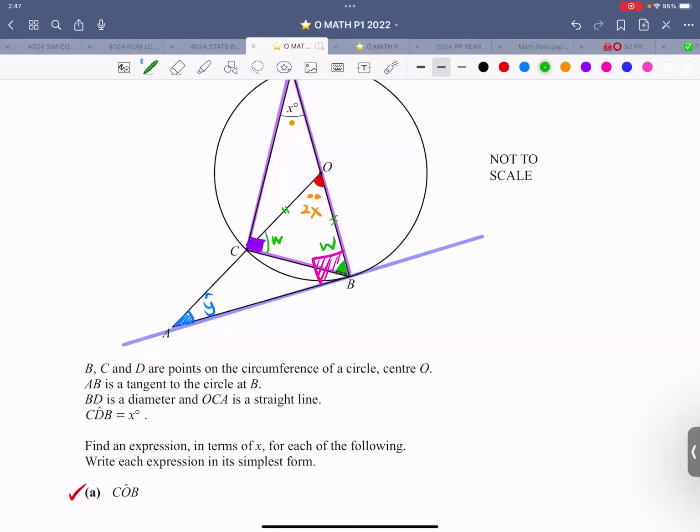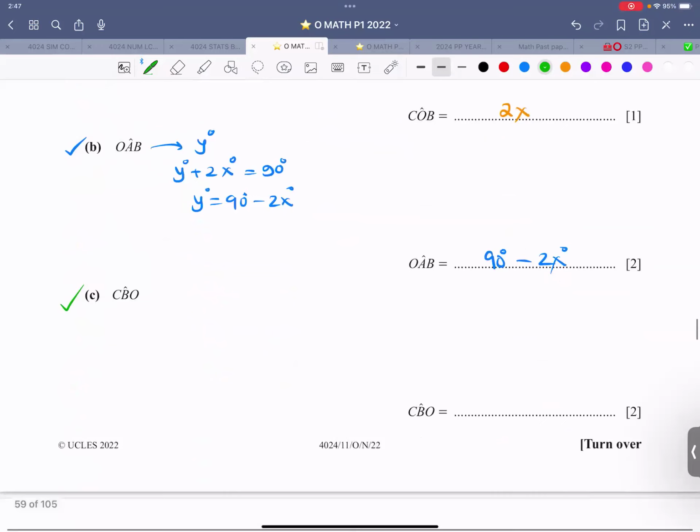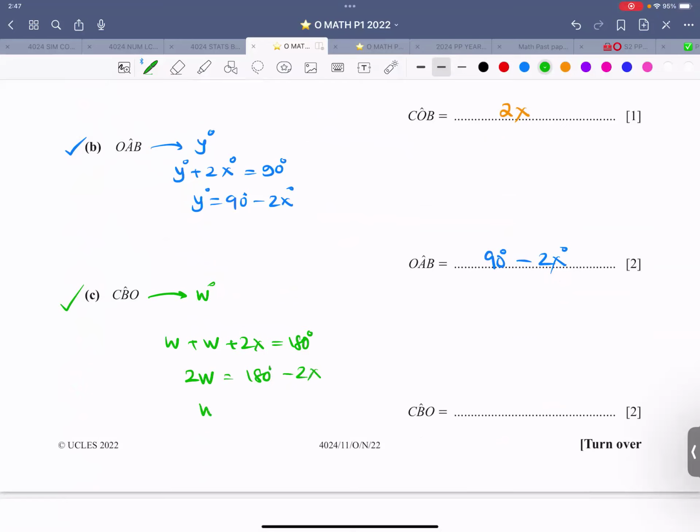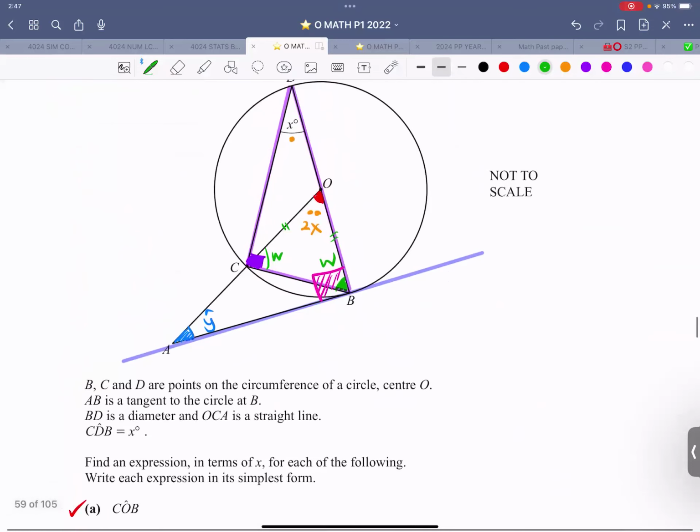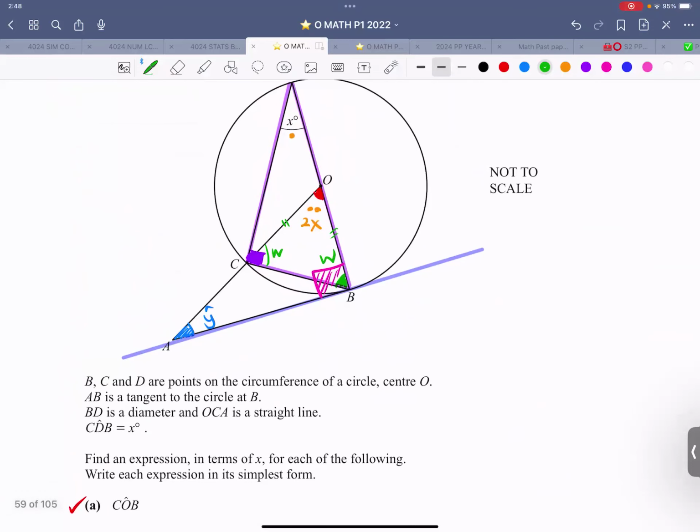So W plus W plus 2x is equal to 180. 2W is equal to 180 minus 2x. W is equal to 90 minus x. That is the answer for this part.